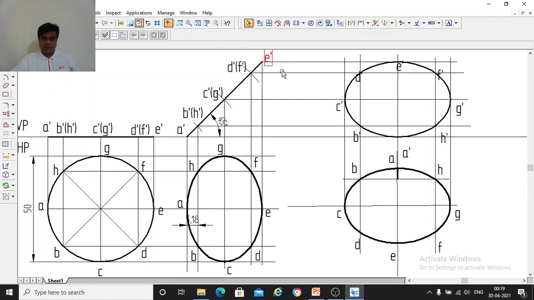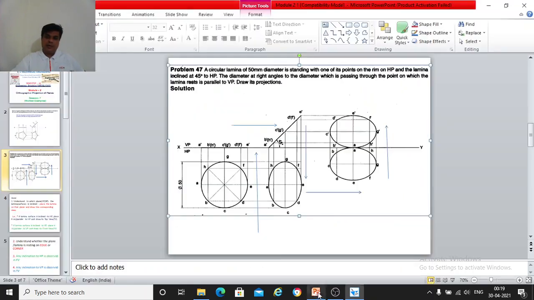So all the points you just name them on this front view. Okay, write it neatly. And I will keep it here. Okay, so this is the front view and top view for the final condition.